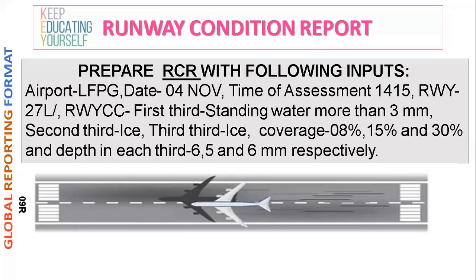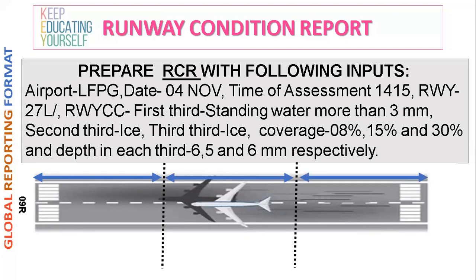So this is our runway. We have already given the details. Now what we have to do actually is divide the runway into 3 equal parts. We have to begin from the lower designator runway, which is 09 right. So we have started with this. This is our first, second, third.